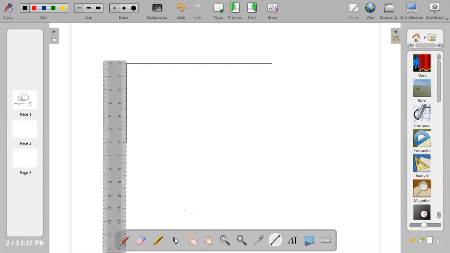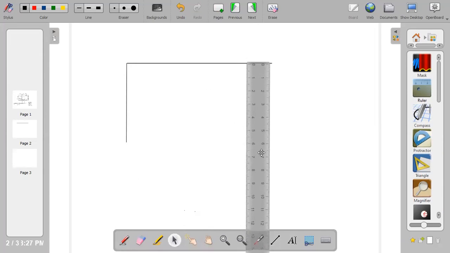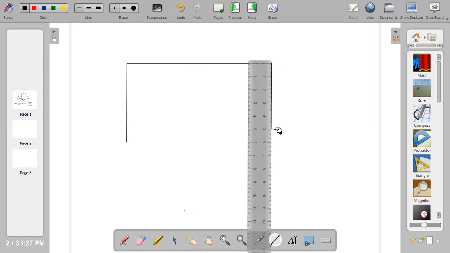Then I'll take the ruler again to the other end. I'll measure 6 centimeters, pick up my pencil, and draw the line. When I get to 6 centimeters, I will stop. Then I'll close it up.